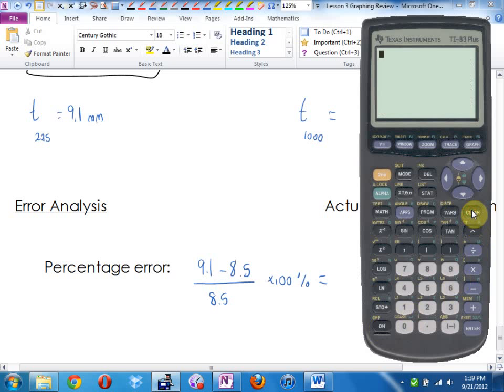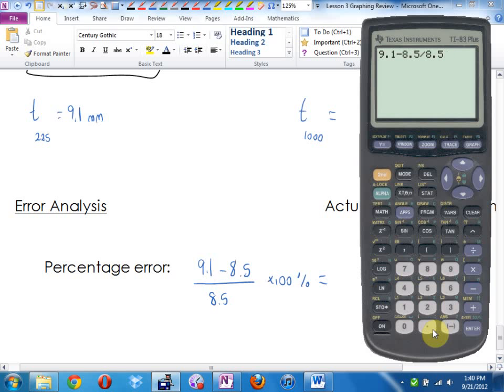So for me, I'm going to go like this. Your numbers might look different. But for me, I'm going to go 9.1 minus 8.5 divided by 8.5 times 100%. Does anybody see what I've done wrong already, by the way? This is wrong.